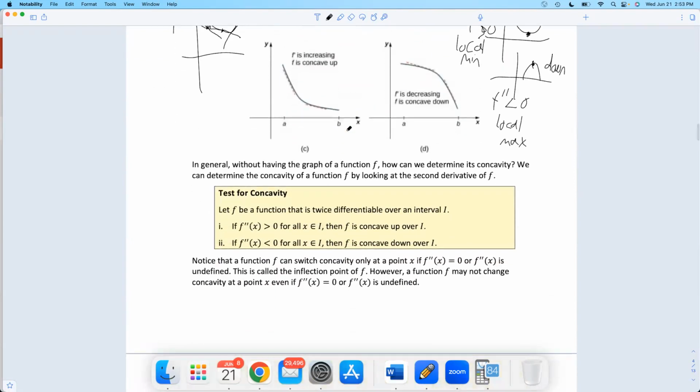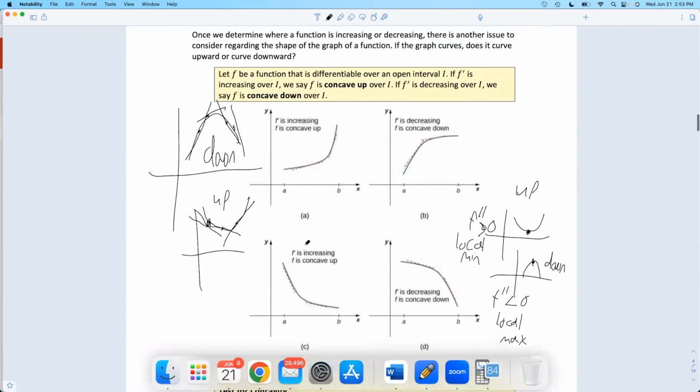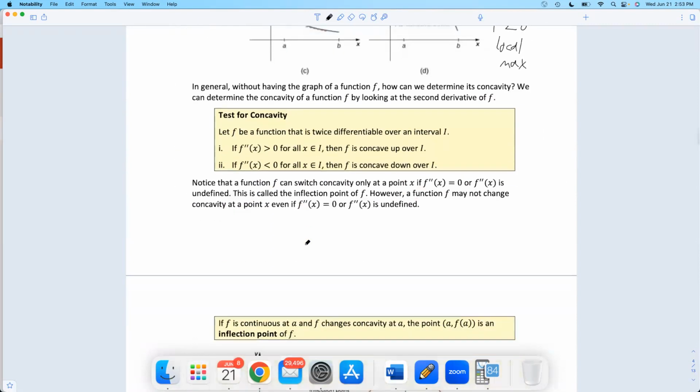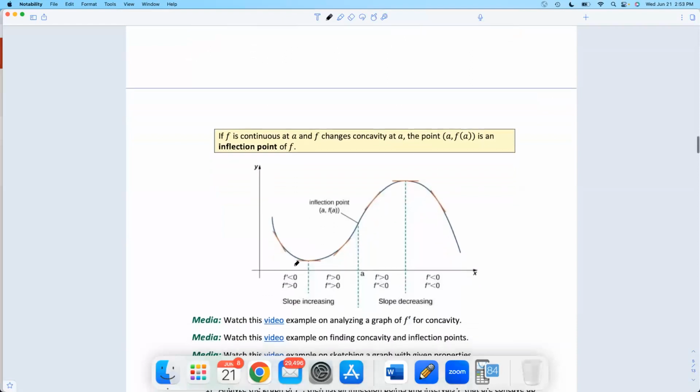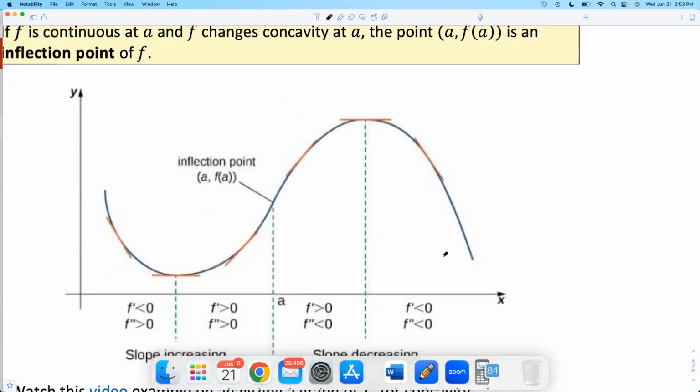Okay, now what do we call points where the second derivative equals 0, where we switch from concave up to concave down? We call those points of inflection. Okay, so look at this graph here. There's a lot going on here, so let's break this down piece by piece.